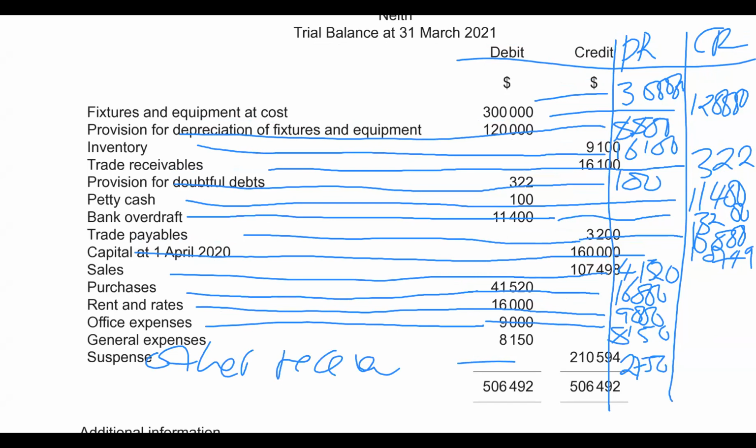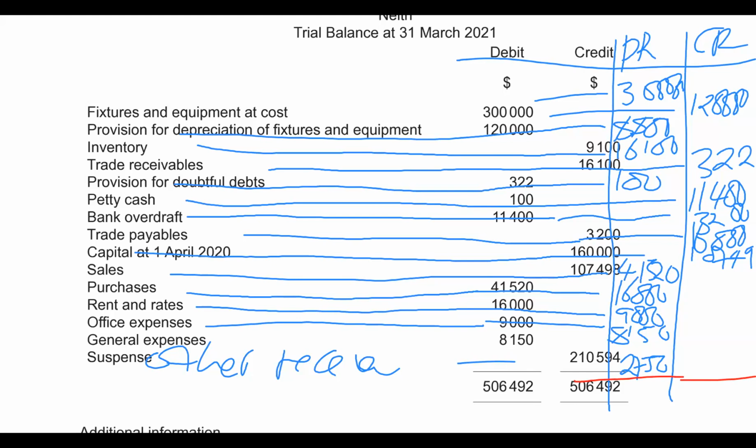So when you're done making these entries, you can consolidate both the credit and the debit side. And when you add everything, what's the total for the debit entry? This 300,000, 8,800, 16,100, 100.